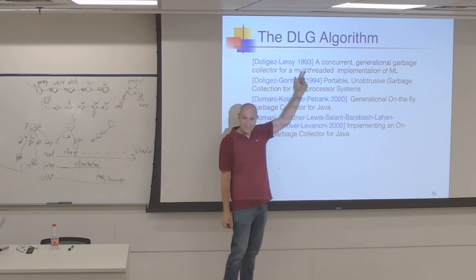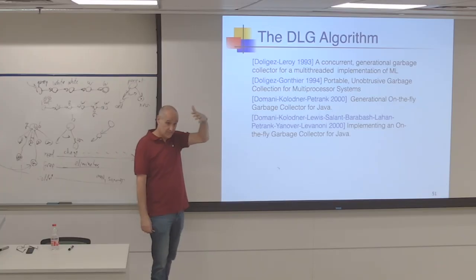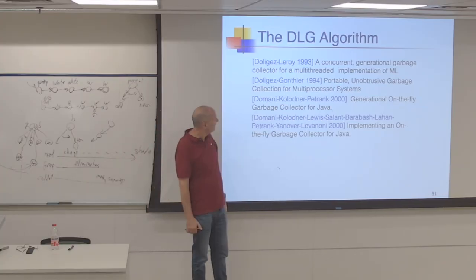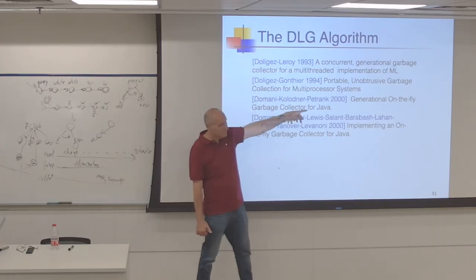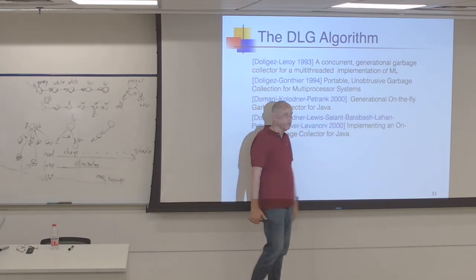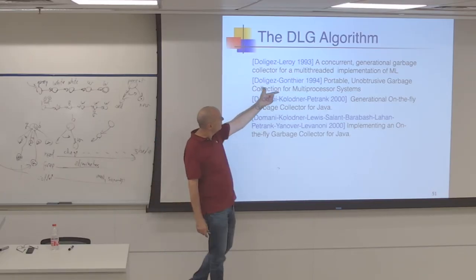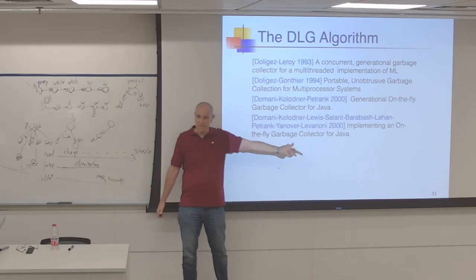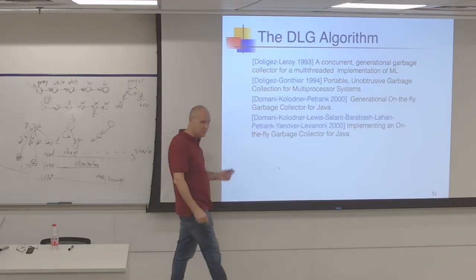So there was a paper in 93 giving an algorithm to do this properly, to fix Dijkstra. It was generational. It was for ML, which is the programming language. And then a year later, there was a paper that came out and said, oh, that paper was wrong. Now we have the right solution.